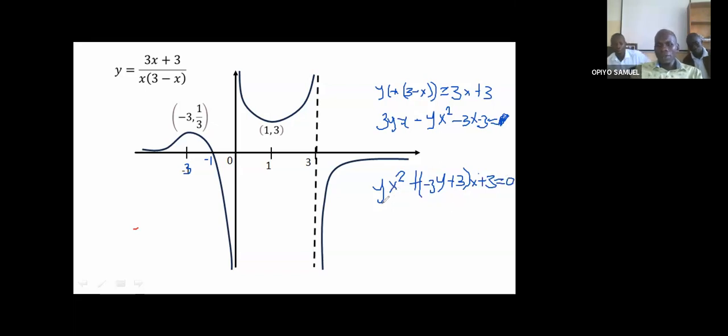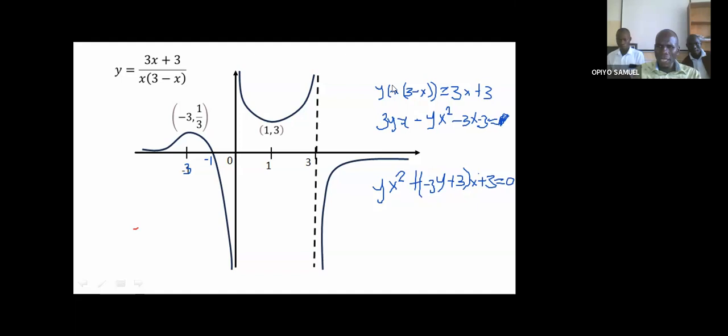Now, you solve this. Of course, you have the discriminant. The discriminant, which will be, this is our a, this is our b, this is our c. So we know x is given by negative b plus or minus root of b squared, and our b is this.